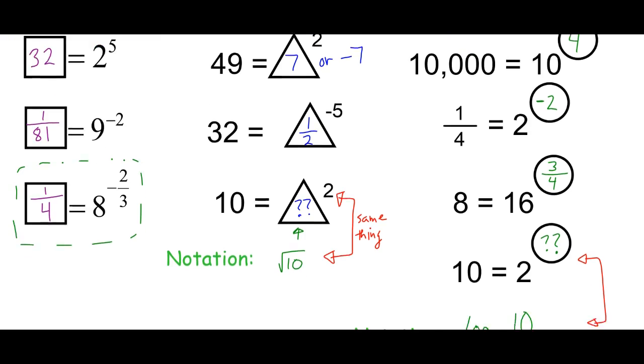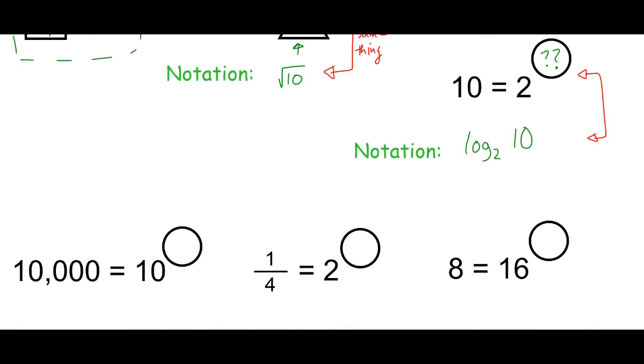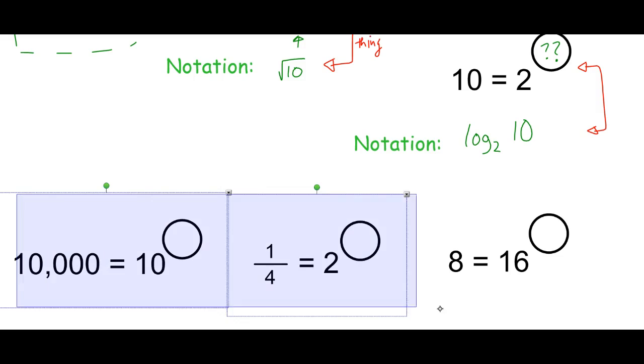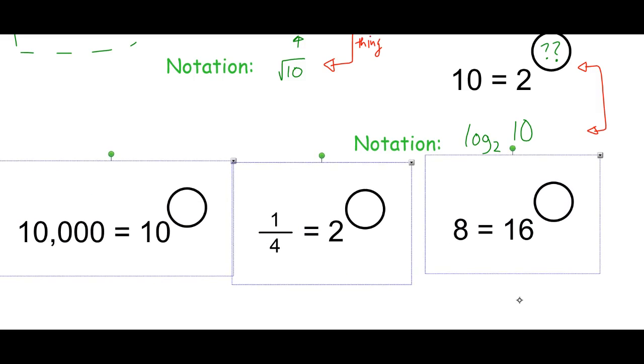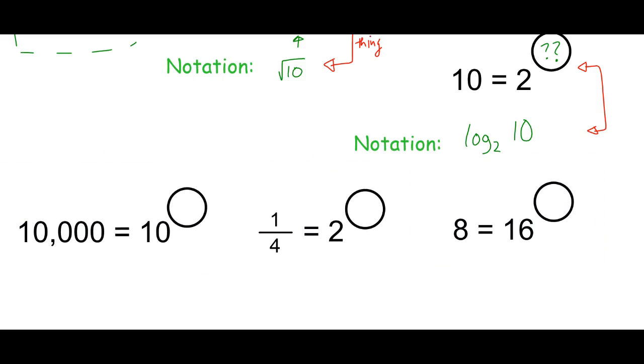So what I'm going to do now is take those first 3 and rewrite them in logarithm notation just to show you what they look like. So this one here, compare with what we did there. The base, the b part of the exponent, that's what goes into the bottom of the logarithm notation. So that's like the 10 here. So this would be log with a base of 10.